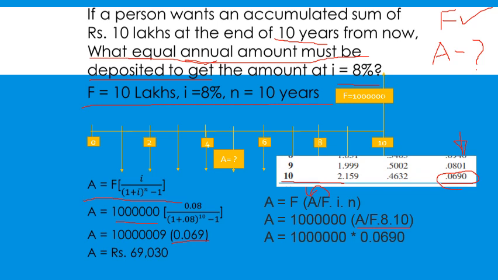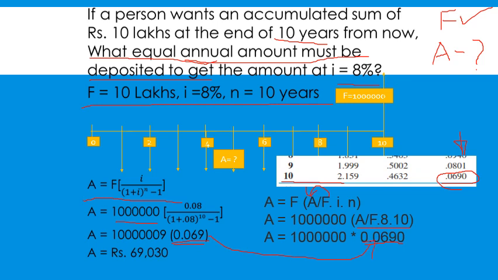The first column is always F by P, the second column is always P by F, the third column is normally A by F. So you can see these headings on the factor tables. When you see the heading, you can very easily understand that. 0.0690 here, 0.069 here. Both are one and the same.